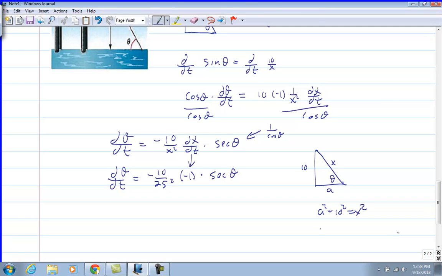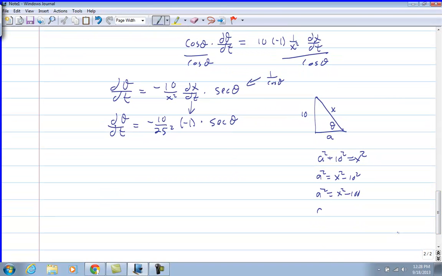So a squared equals x squared minus 100, or a equals the square root of x squared minus 100. We're going to assume it's positive.